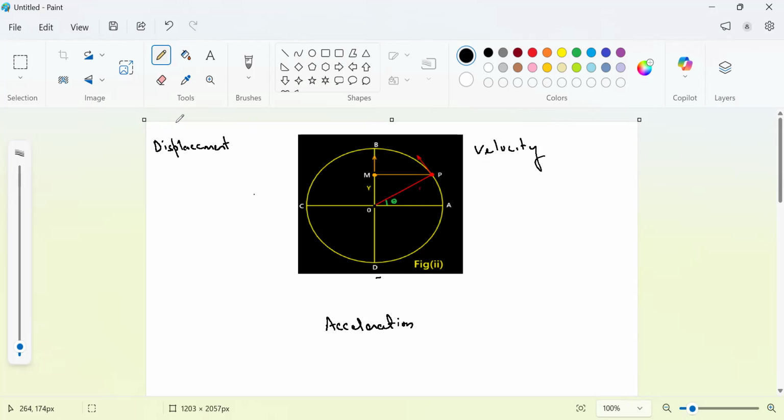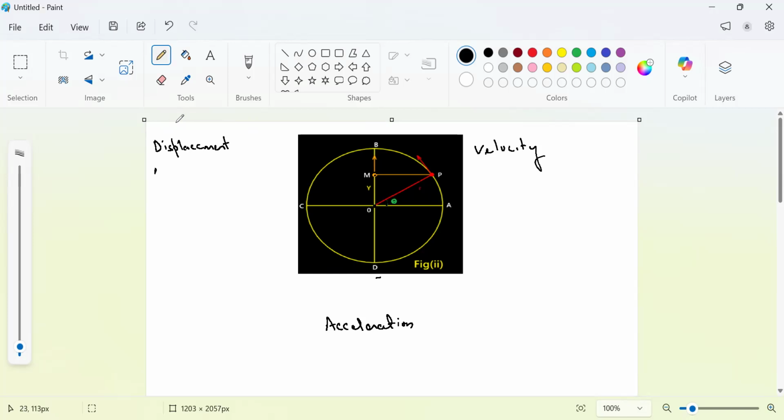For that, we need to consider a right angle triangle, the right angle triangle OMP. This is our right angle triangle in which this angle is also equal to angle theta.